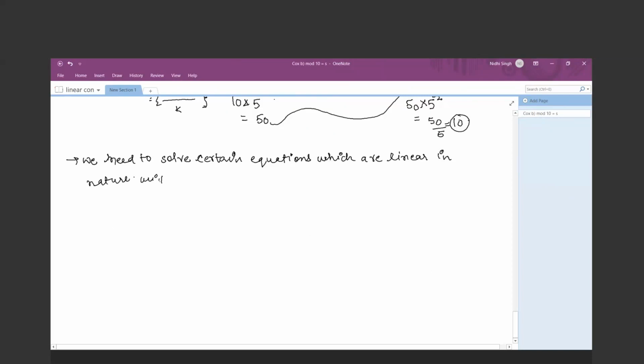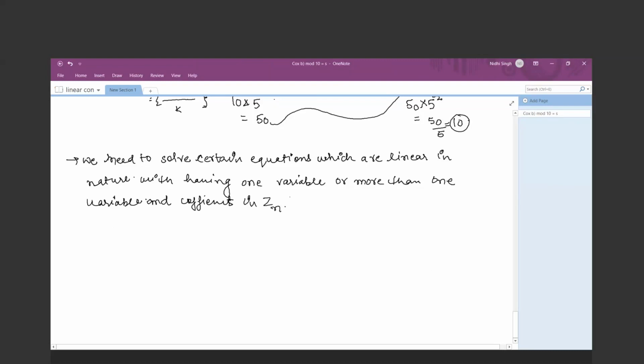With having one variable or more than one variable, and with having coefficients in the set of residuals Zn.